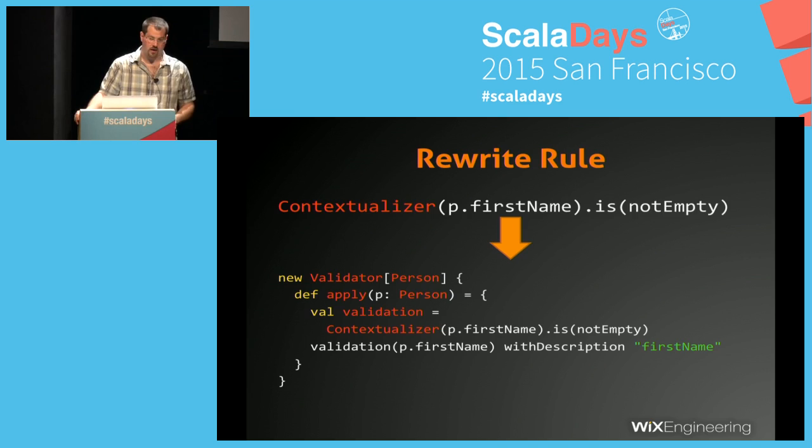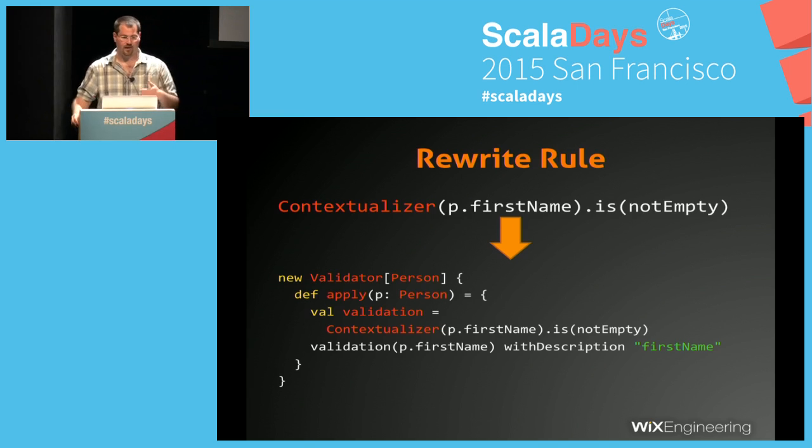Now, the way the Accord DSL is constructed, it's specifically constructed to make this step very, very simple. Contextualizer over p.firstname is not empty actually evaluates to a validator over strings. It just gives you back the same validation rule outside of the context of p.firstname. The validation rule is not empty. I don't really care what it applies to.